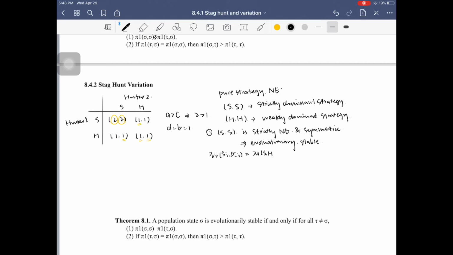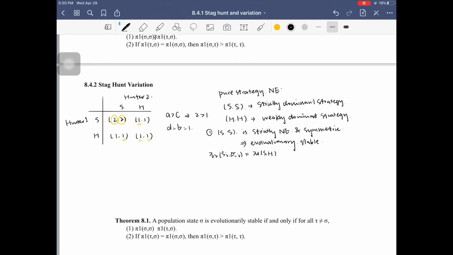According to that theorem, since both of hunter 2's pure strategies S and H are active, each gives the same payoff to player 2 against player 1's mixed strategy.